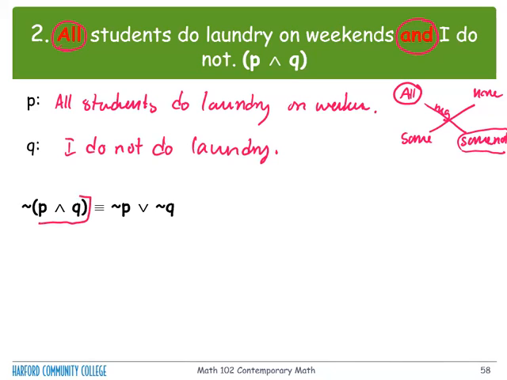For the original statement P and Q, we do the negation. The negation can apply to all terms using De Morgan's law: apply the negation to each term.